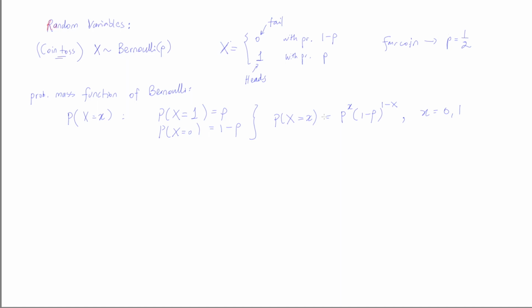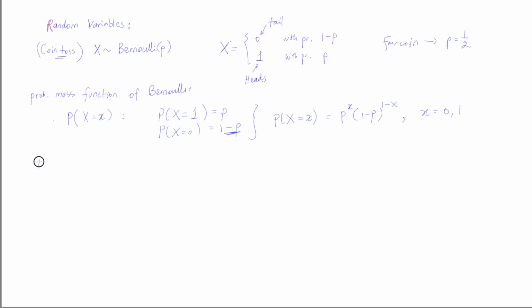So probability of X equals 0 is just 1 minus p. And when x equals 1, this term cancels out and we just get p. So I'm summarizing these two pieces of information into this one here. This is the probability mass function.